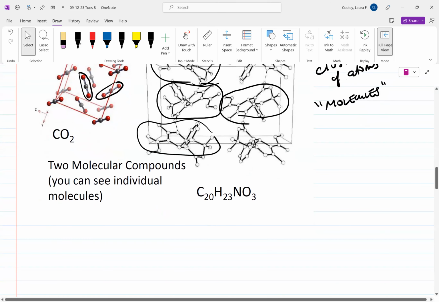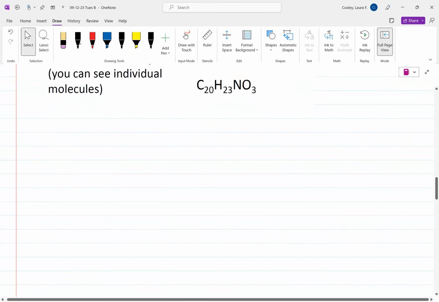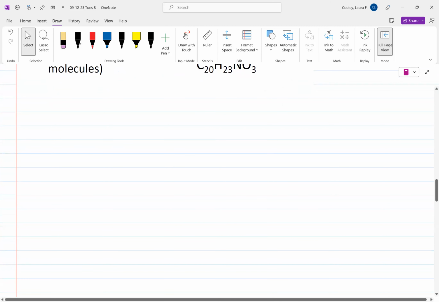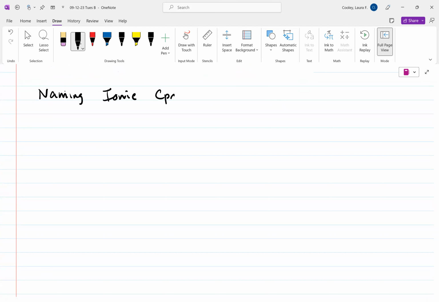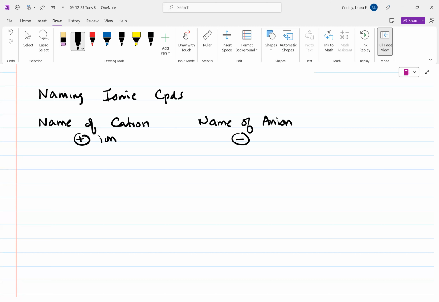So it's very different looking compounds. Okay. The other thing I talked about in class after I shut off the recording was naming ionic compounds. The way you name an ionic compound is you have the name of the cation first, that's the positively charged ion, followed by a space, and then the name of the anion, which is the negatively charged ion.